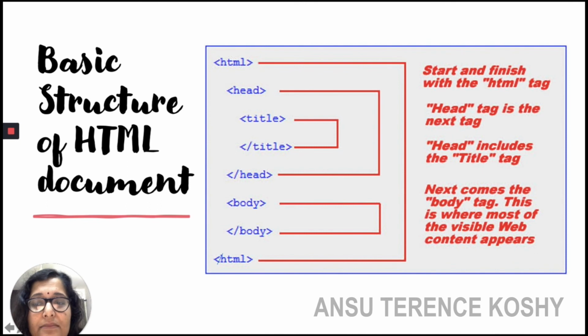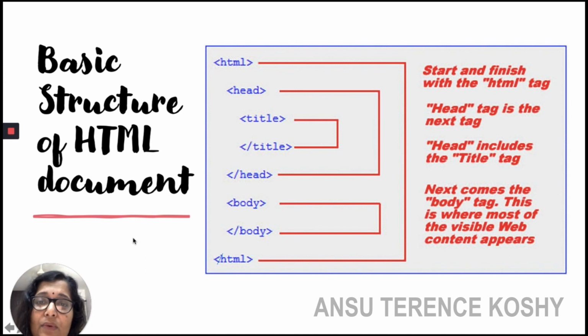Inside the HTML structure, you have head and body tags. You have head and /head. In between the head tags, you have the title tag as well as the metadata of your file, right?